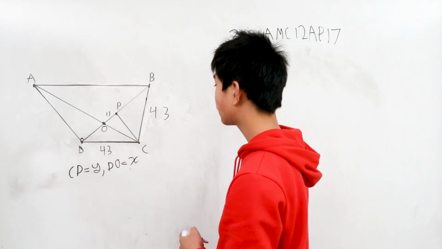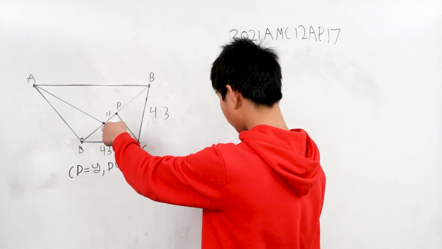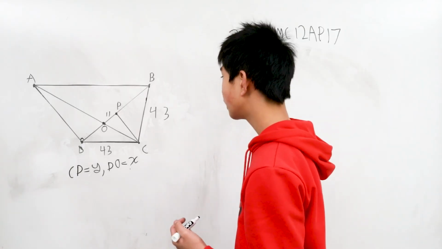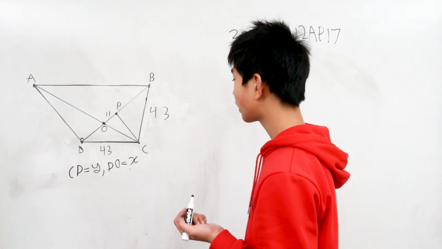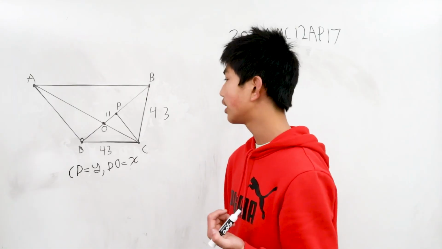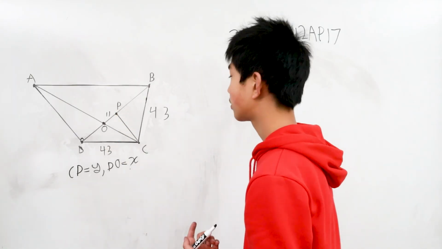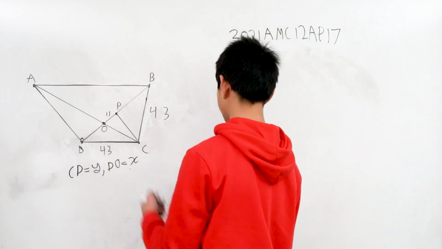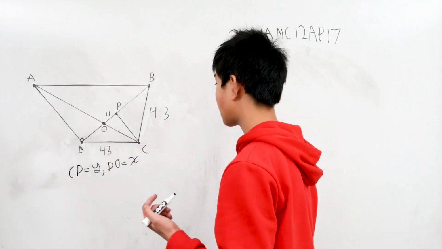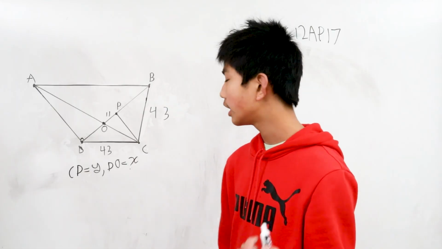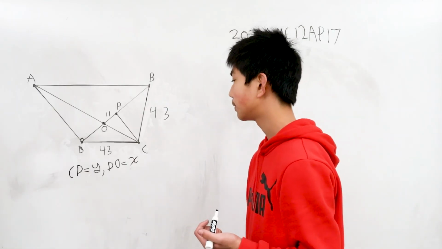Since we are given that the segment PO is 11, we can write an expression for this case. We know that DO is x, and we set it as x because it's important in solving this problem.